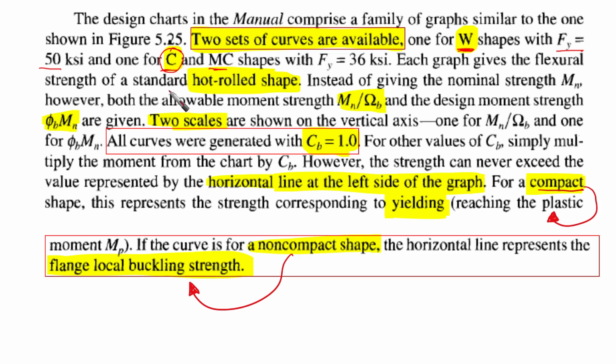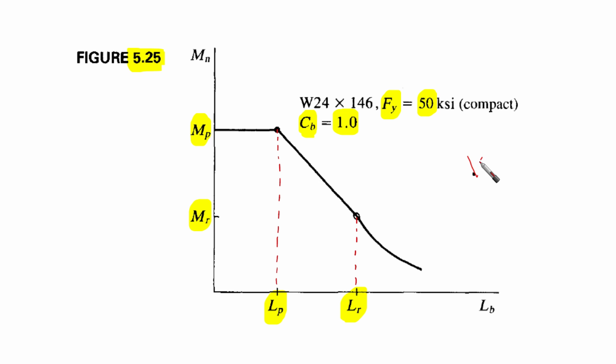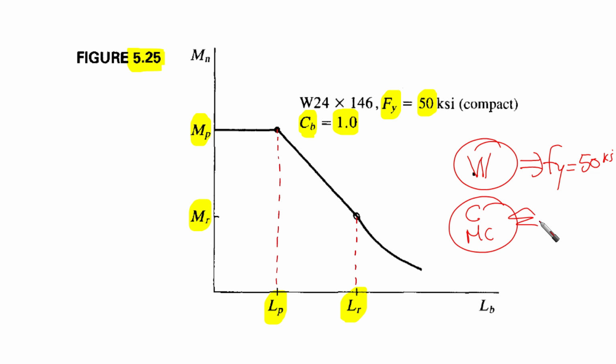This is C, or channels, and MC, which means miscellaneous channels, non-standard channel shapes, with F yield 36. So we have two different shapes. Wide flange, remember well, with F yield equal to 50 KSI, and C or MC, with F yield equal to 36 KSI.